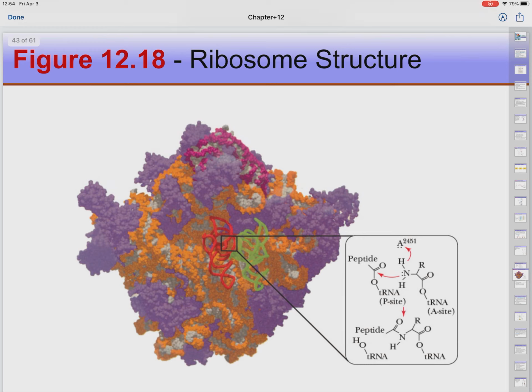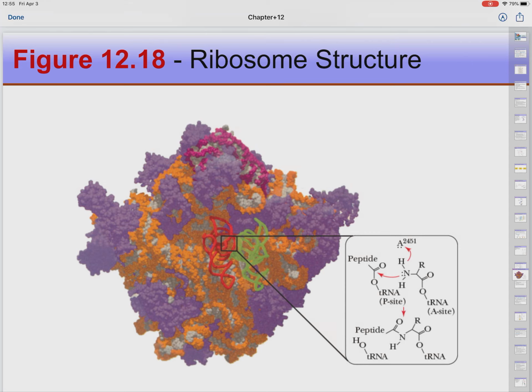So this is a structure of the ribosome when X-ray crystallography actually got really good, and the purpose of this is to show that the active site of the transferase, which is the protein portion of the ribosome, is actually far from the peptide bond that forms in the growing chain.